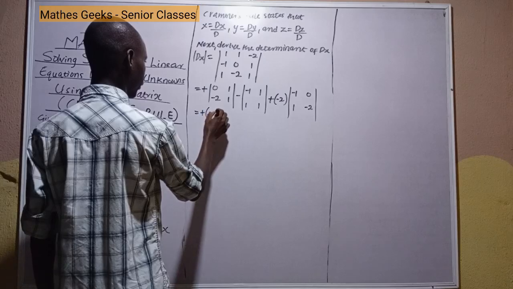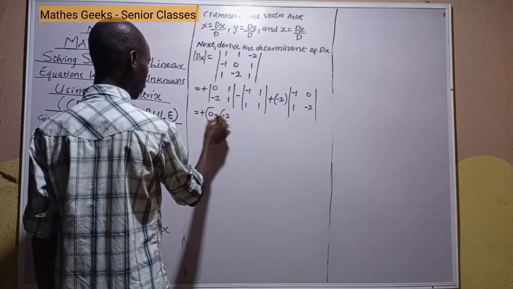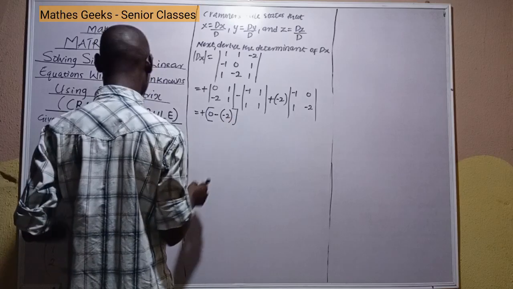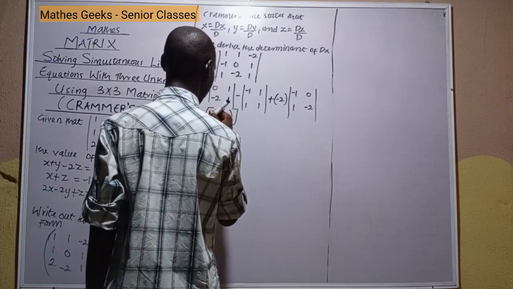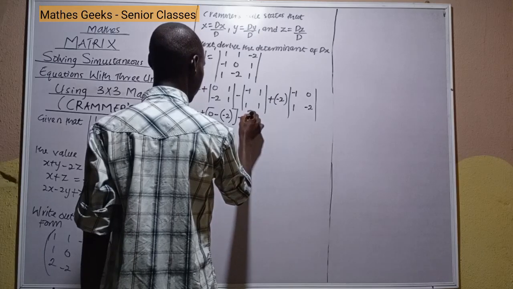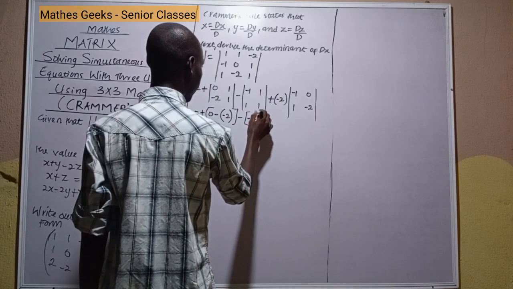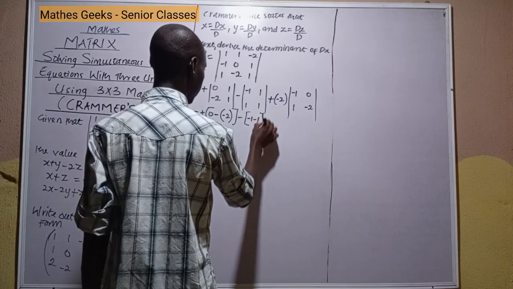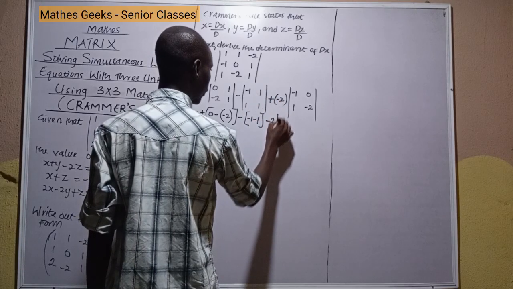0 times 1 is 0, minus 1 times minus 2, minus 2. Minus 1 times 1 is minus 1, minus 1 times 1, 1, plus times minus is minus 2.